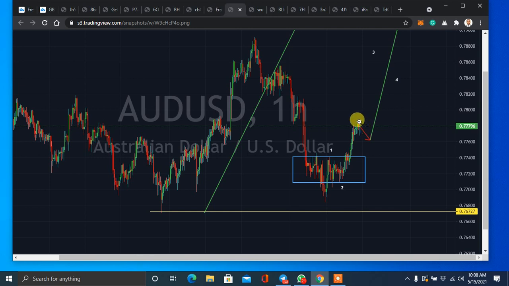This pullback might happen, it might not, it might even happen like this, like this, like this before going up. But the thing is that the stop loss is here. So I don't see the market moving to give us a new low without giving us a new high. I don't see it happening. So it's another good trade to take.